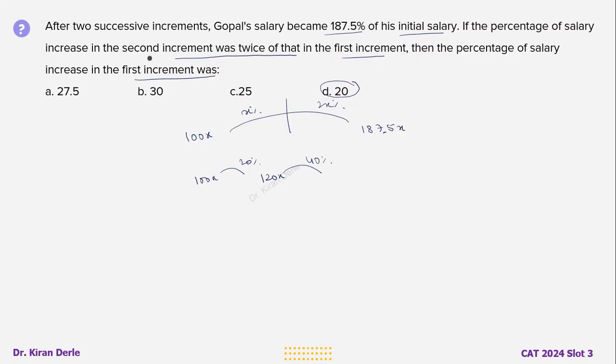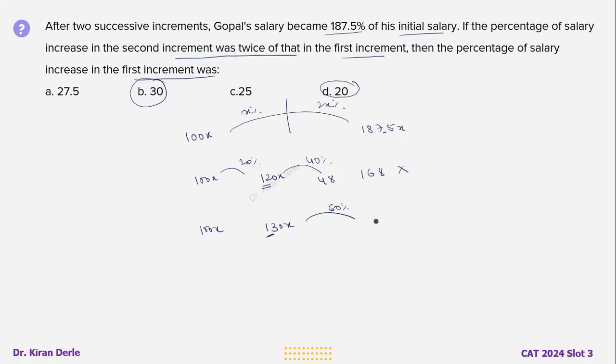The second increment is twice the first, so it is 40%. What is 40% of this? It is 48. So it will become 168. No, we want 187. So the answer should be greater than 20. Okay, think of 30, by the way. 100x becomes 130x after the first increment. It will become 60%. So 60% of this, 13 into 6, 78.